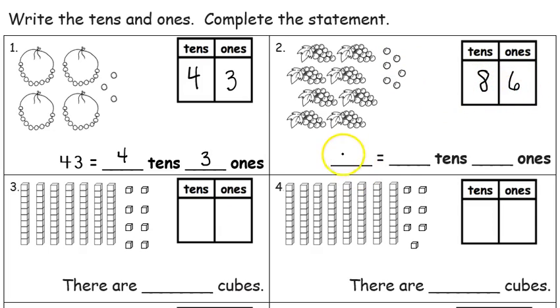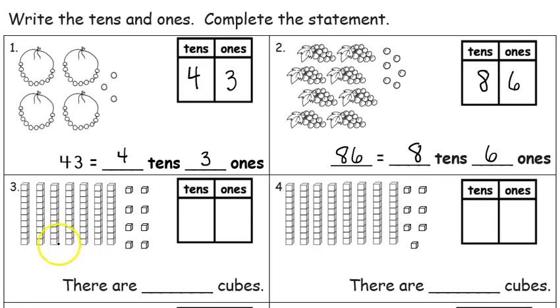Altogether, I would have 86 grapes. If I counted by tens, I'd have 10, 20, 30, 40, 50, 60, 70, 80, 81, 82, 83, 84, 85, 86. 86 is made up of 8 tens and 6 ones.